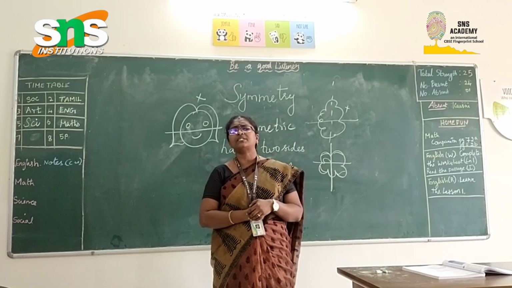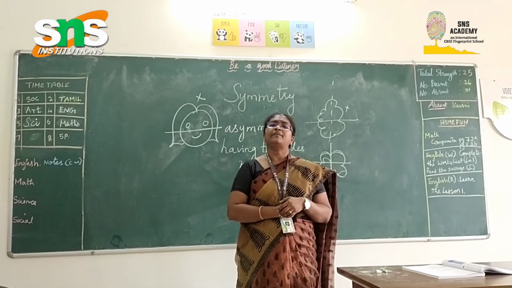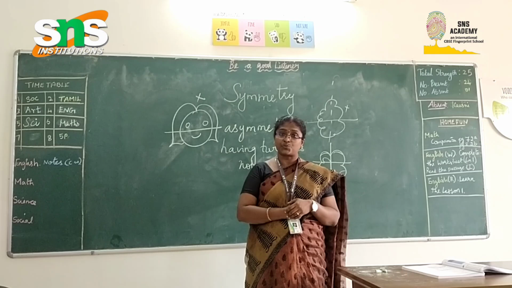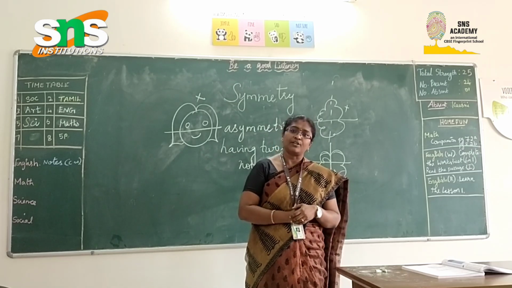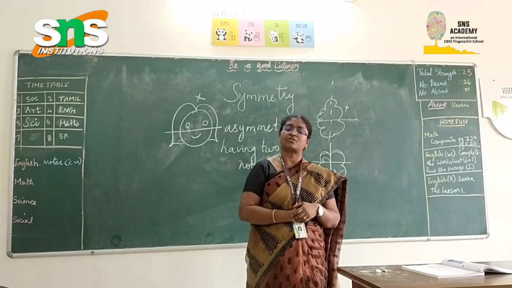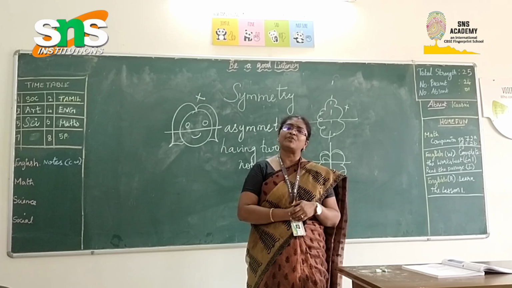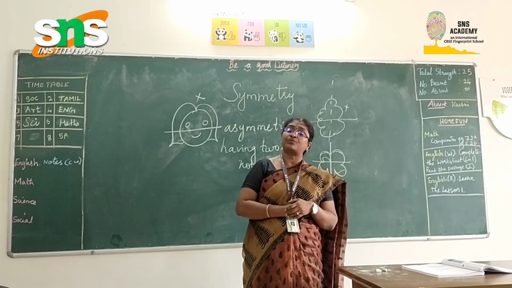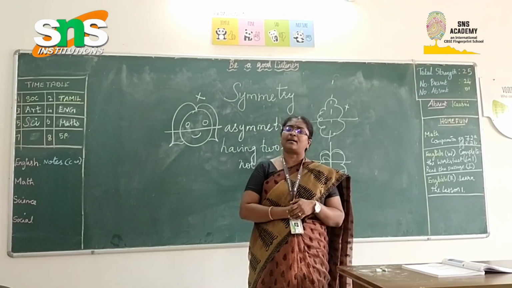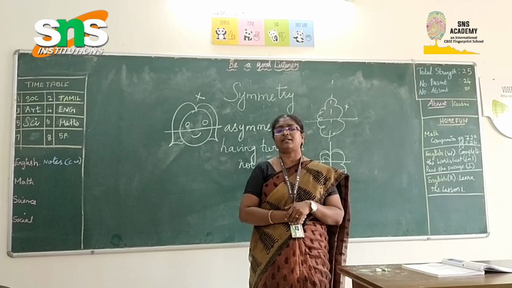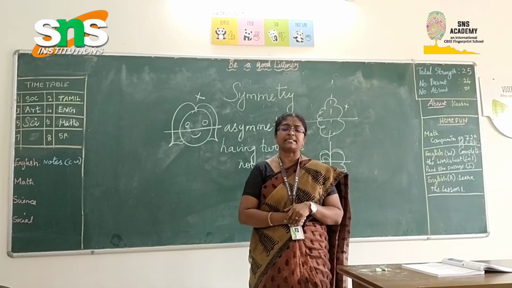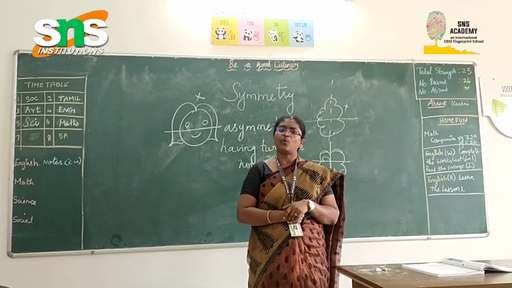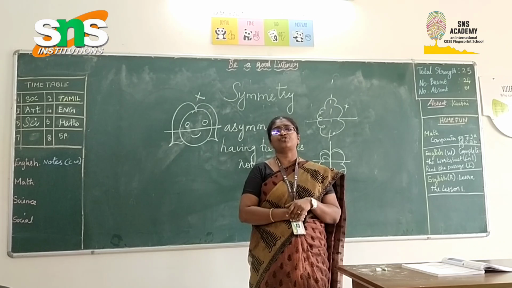We ended the class with the question that there are some objects in this world, shapes or pictures, which will not be symmetrical if you try with either the vertical or the horizontal lines. In such cases, how can you name these pictures or figures?